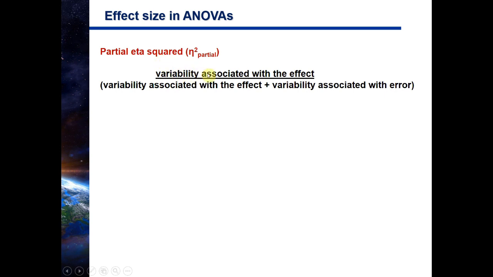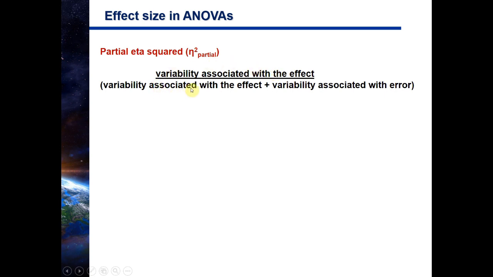All right, so what does partial eta squared do? Well, it looks at the variability associated with the effect. In other words, it's looking at how much of the variability in the scores was associated with the independent variable itself.